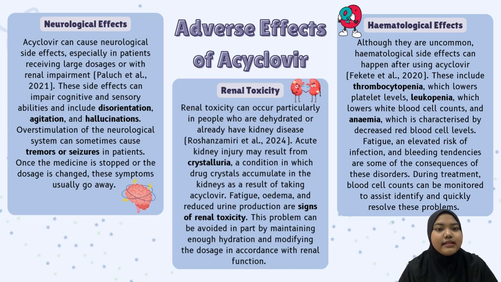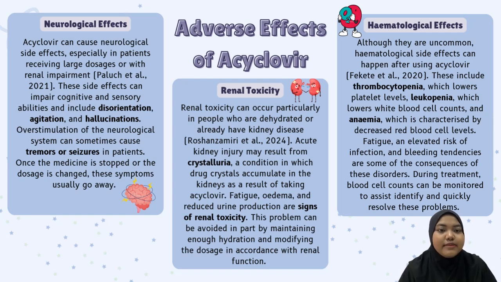The second one is renal toxicity. Renal toxicity happens because of impaired kidney function, or what we call crystalluria. Crystalluria is when drug crystals form in the kidney and block the kidney's function to excrete urine output.